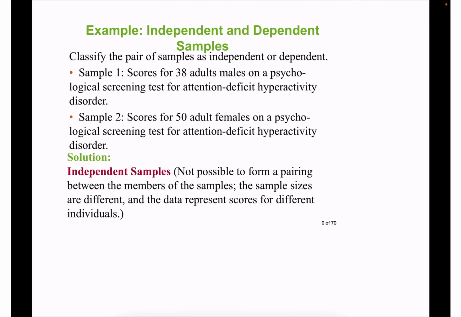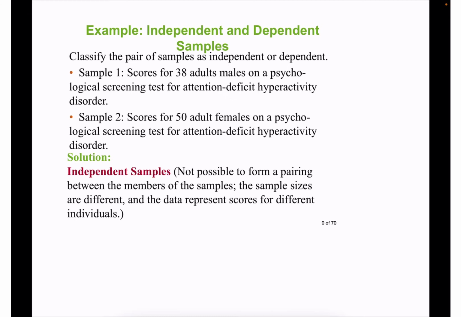Example, independent and dependent samples, another one. Sample 1 is scores for 38 adult males on a psychological screening test for attention deficit hyperactivity disorder. And sample 2 is scores for 50 adult females.